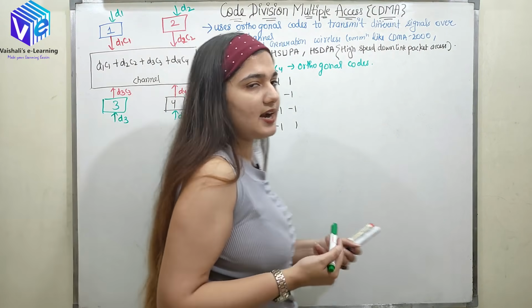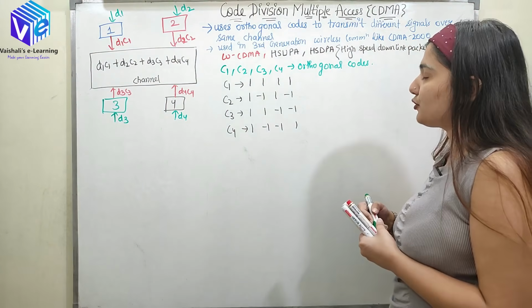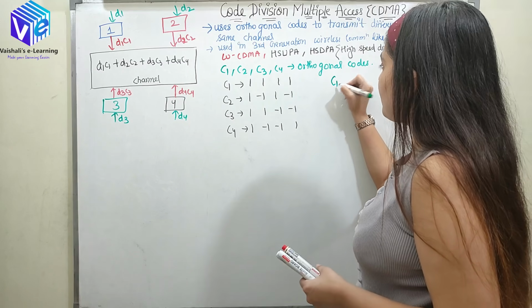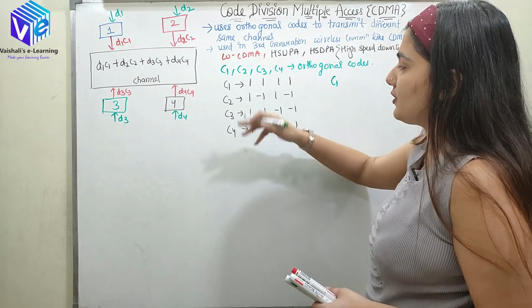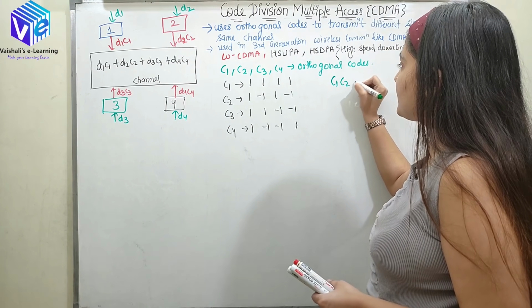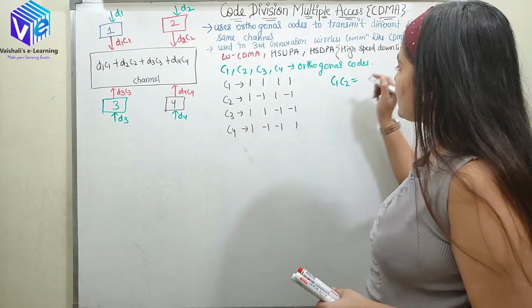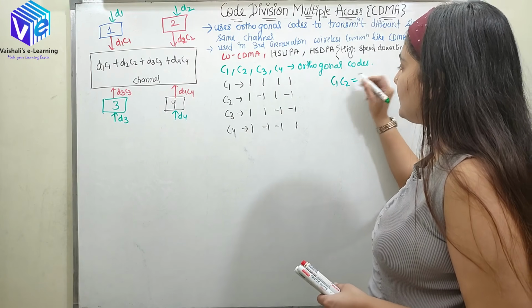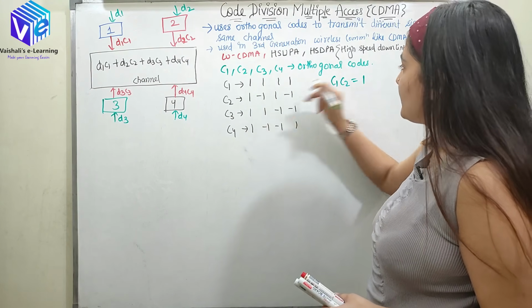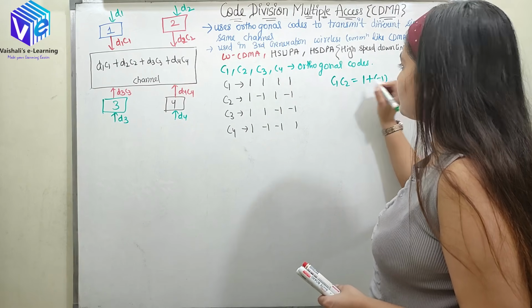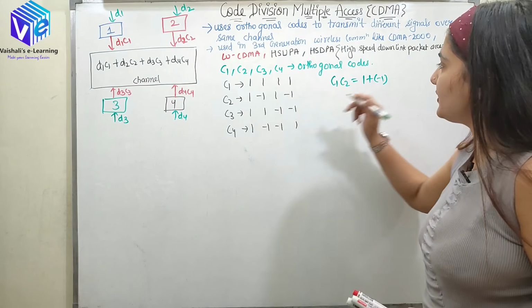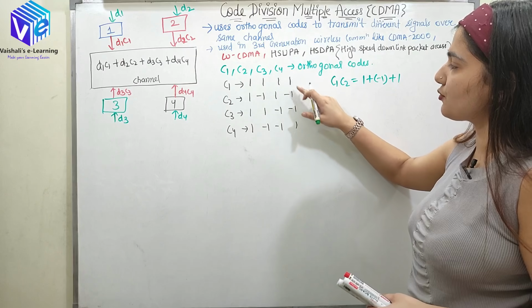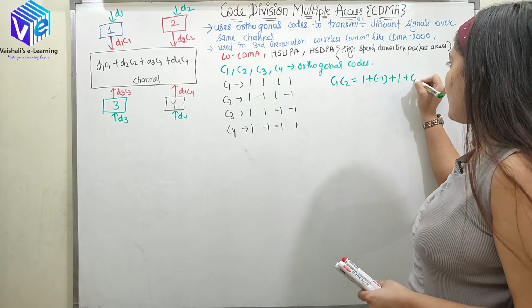Let's understand how these codes are orthogonal in nature. If I multiply any 2 codes, let's suppose I am multiplying C1 with C2. The first element multiplied with the first element, I'll get 1. The second multiplied with the second, I'll get minus 1. The third, again I'll get 1. The fourth, I'll get minus 1.